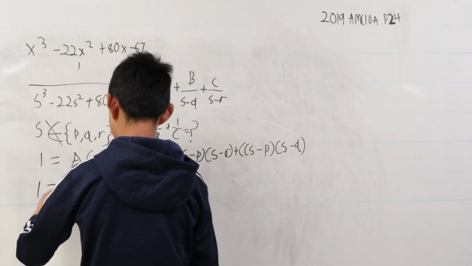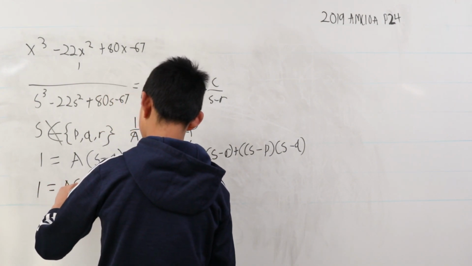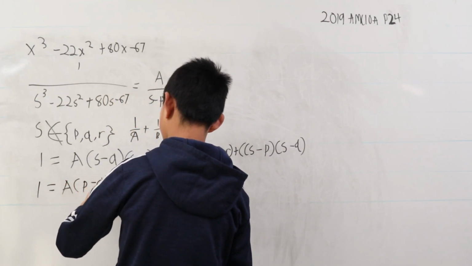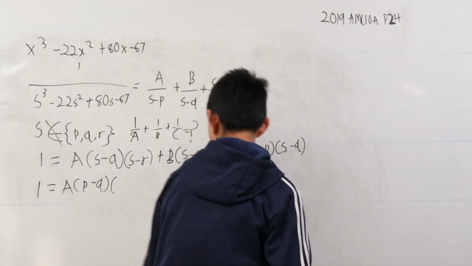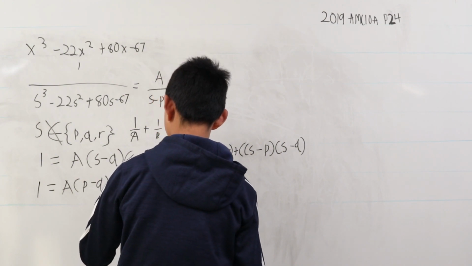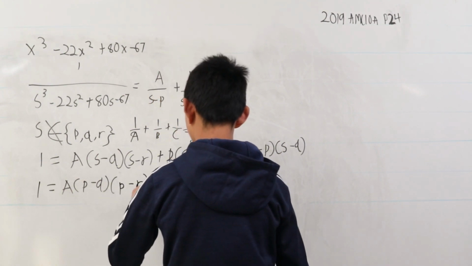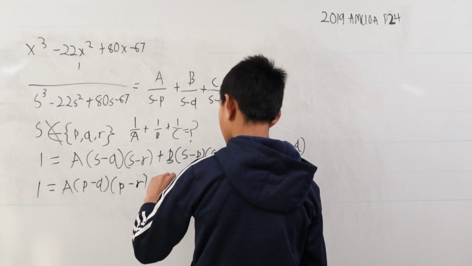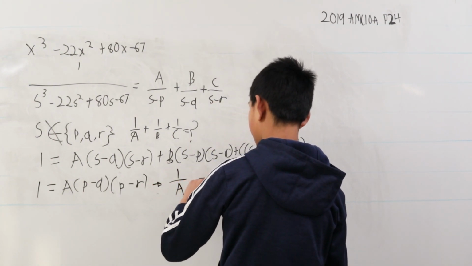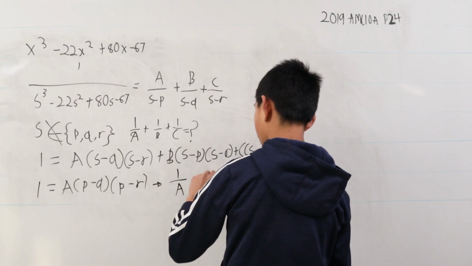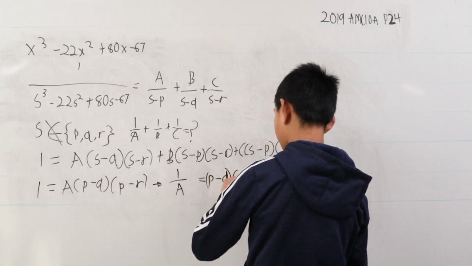That's 1 equals a times p minus q times p minus r. So we get that 1 over a is equal to p minus q times p minus r.